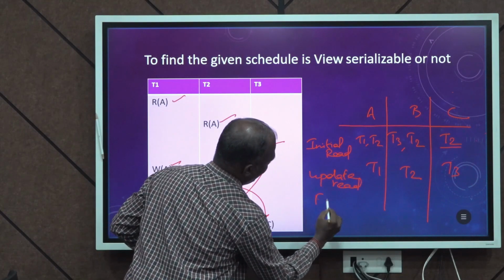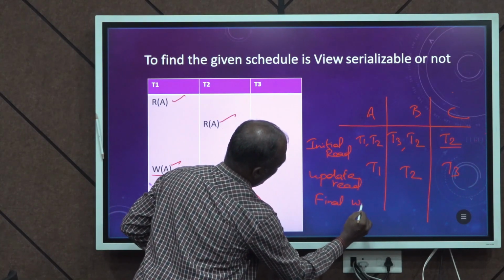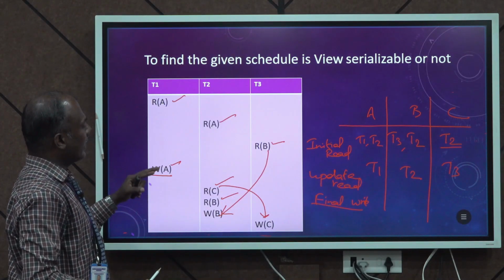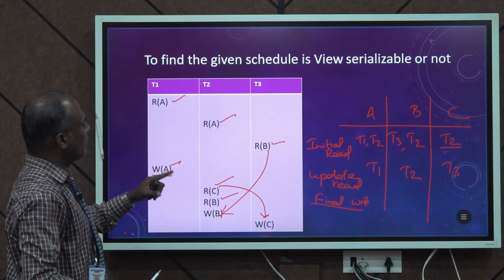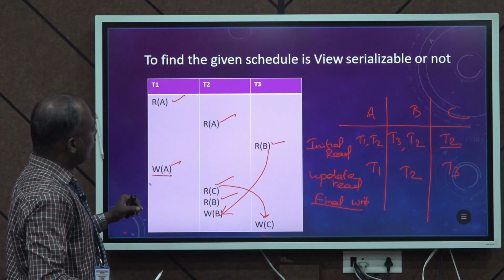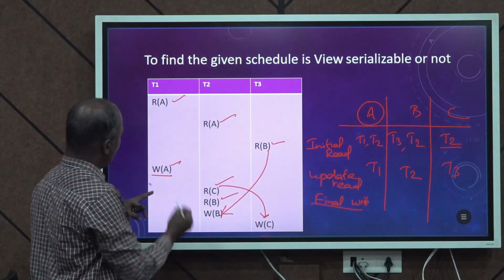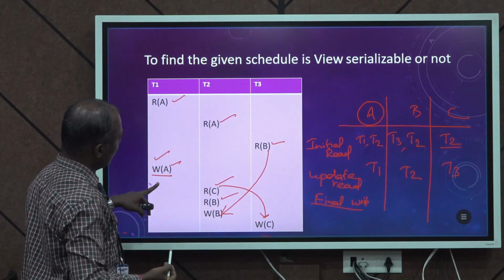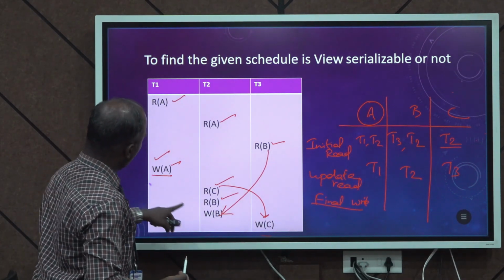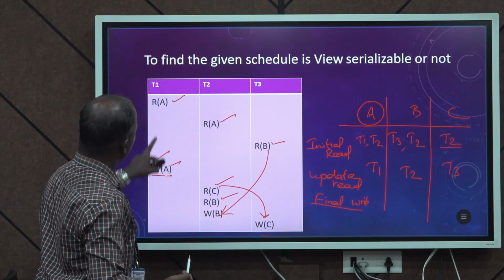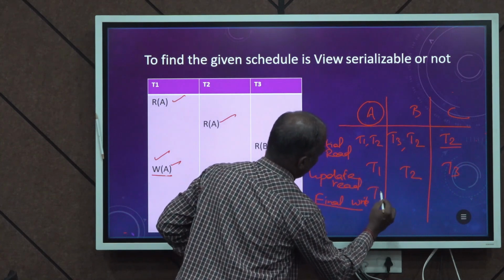Next one is final write. How do you write the final write? The transaction getting the write operation at the end is called the final write. Here we consider data item A. This is the final write, because no other transaction has the operand A at the end, so we consider T1.